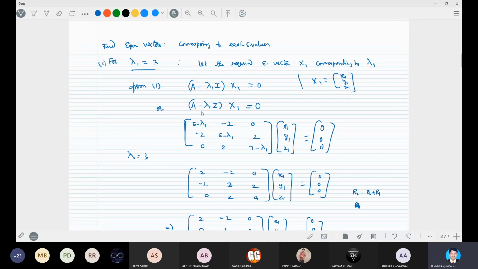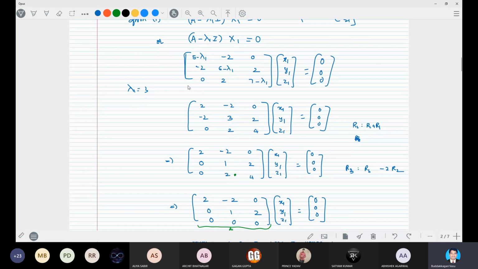So the solution is (A minus lambda 1 I) x1 is equal to 0. Write it down: the matrix with rows (5 minus lambda 1, minus 2, 0), (minus 2, 6 minus lambda 1, 2), (0, 2, 7 minus lambda 1), times (x1, y1, z1) is equal to (0, 0, 0).